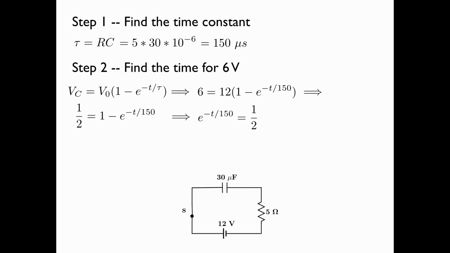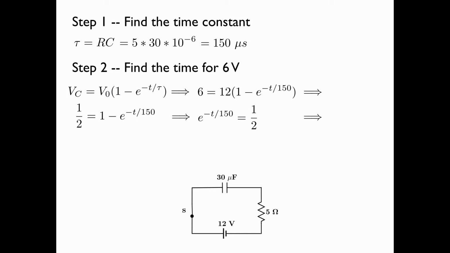Now when you have an expression like this, where the quantity you would like to know is in the exponent, you have to use a logarithm. In this case, because it's e raised to some number, we'll use the natural logarithm.